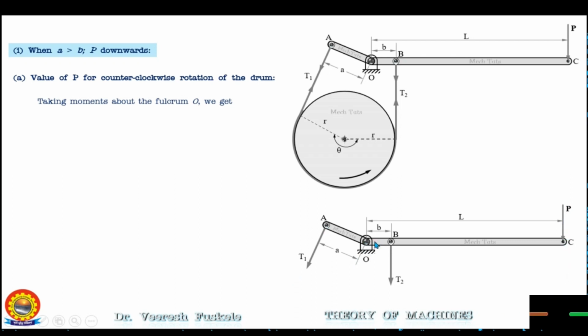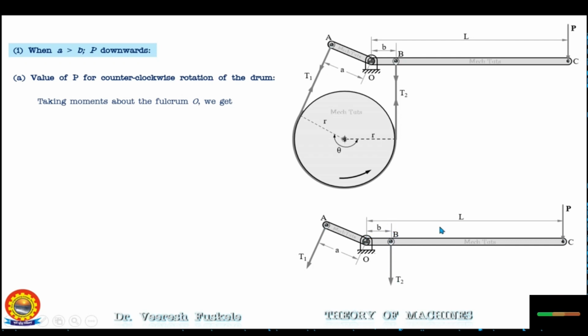So the moment of force P will be negative and the magnitude of the moment of force P will be P into the distance L. Similarly, T2 will also rotate the lever in the clockwise direction about the fulcrum. So the moment of T2 will also be negative and the magnitude will be T2 into the distance B.